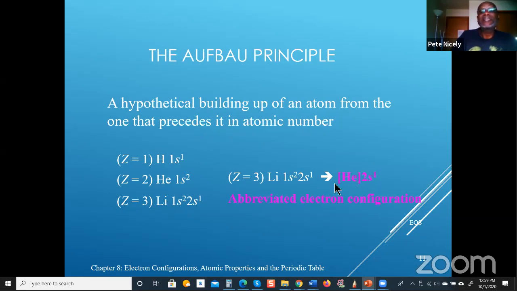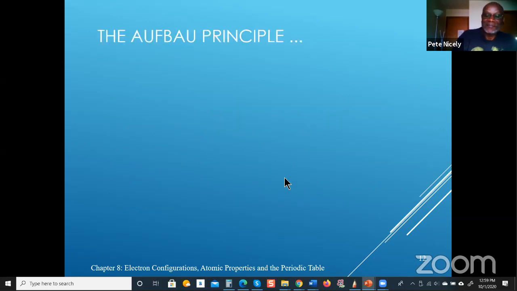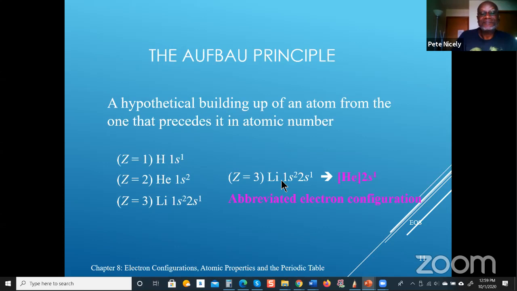In other words, the 1s2 that you can identify in the electron configuration of lithium is replaced by the symbol of helium within parentheses, and then you write down what is left after that, which is the 2s1. So this would be the abbreviated electron configuration, and this is the complete electron configuration.